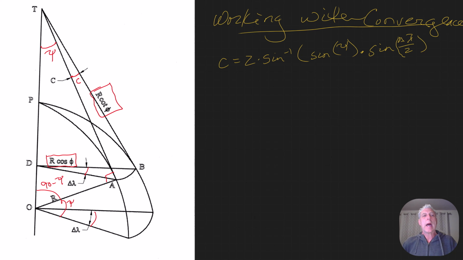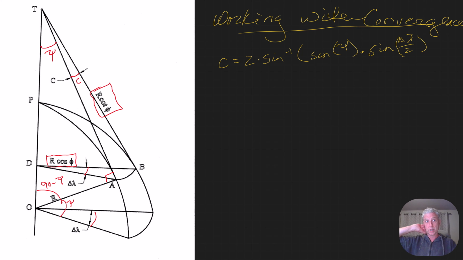We also talked about how, for the day and age that a lot of our records were created, a lot of plats we look at, or historical navigation charts, this was not a practical formula to use to calculate convergence. Working out in the field, or on a ship, they didn't have calculators.